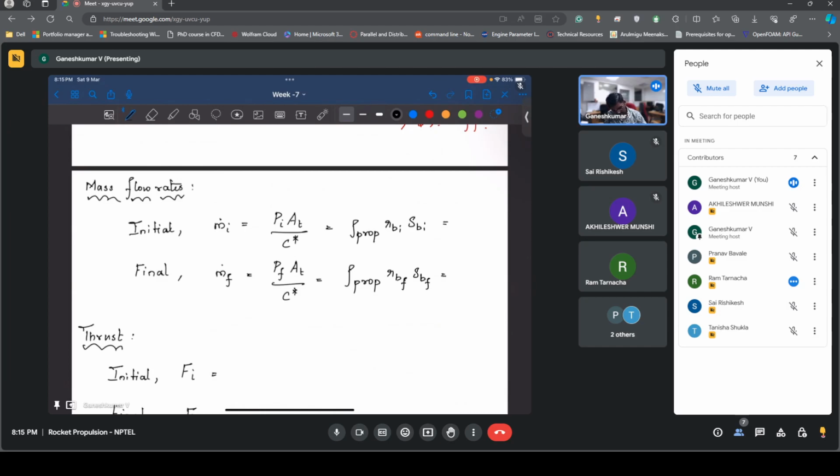So this comes out to be 0.635 kgs per second.